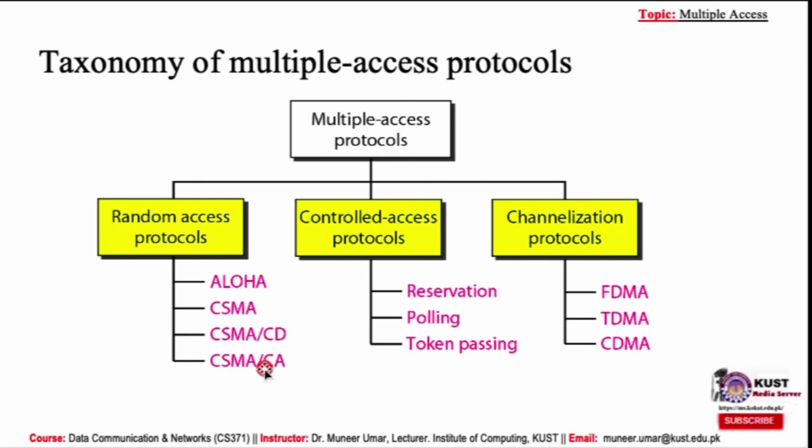And the third one was CSMA/CA. CA stands for collision avoidance. In case the detection is not possible, as in wireless networks particularly, the CSMA/CA can be used. We also studied about the reservation, polling, and token passing.